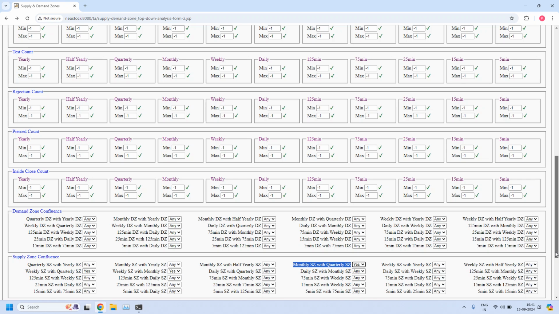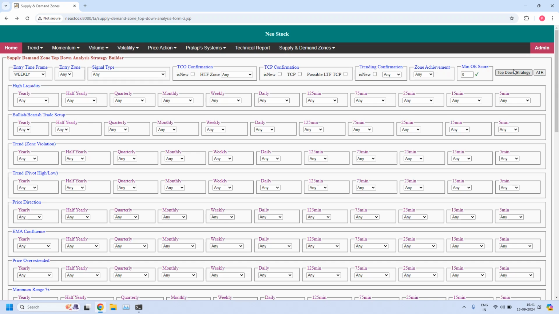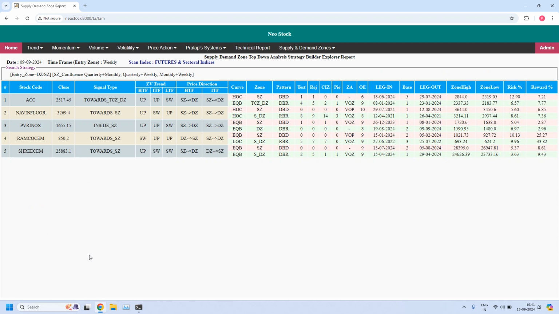So LTF, ITF, HTF confluence, weekly, monthly and quarterly zone confluence. 5 stocks are filtered. In all these 5 stocks, we have LTF, ITF, HTF supply zone confluence. That means weekly supply zone is part of the monthly supply zone, and weekly supply zone and monthly supply zone together are part of the quarterly supply zone.